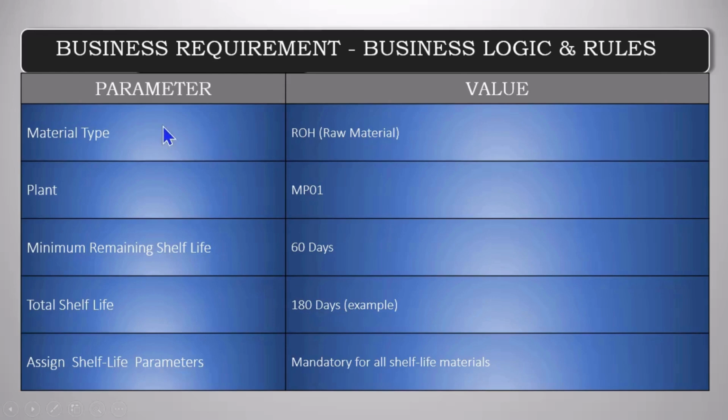These are the parameters and values: material type ROH, raw material, and this is our plant. Minimum remaining shelf life: whenever we do procurement, there should be 60 days remaining. Total shelf life of that material should be 180 days. And you assign shelf life parameters as mandatory for all shelf life materials.